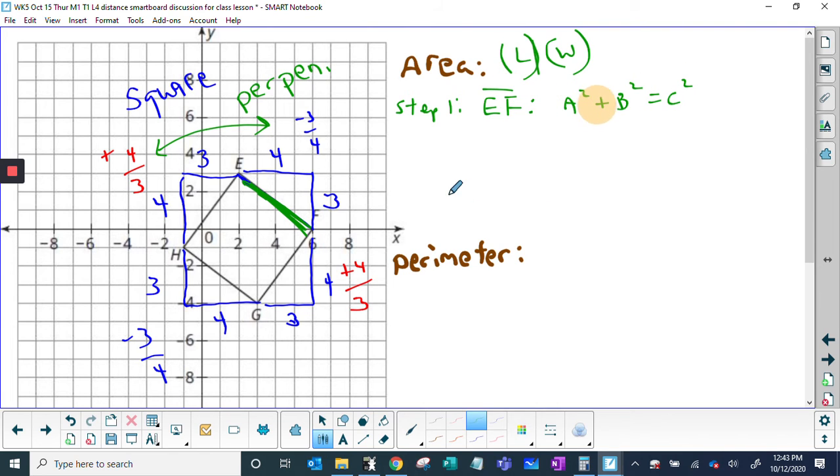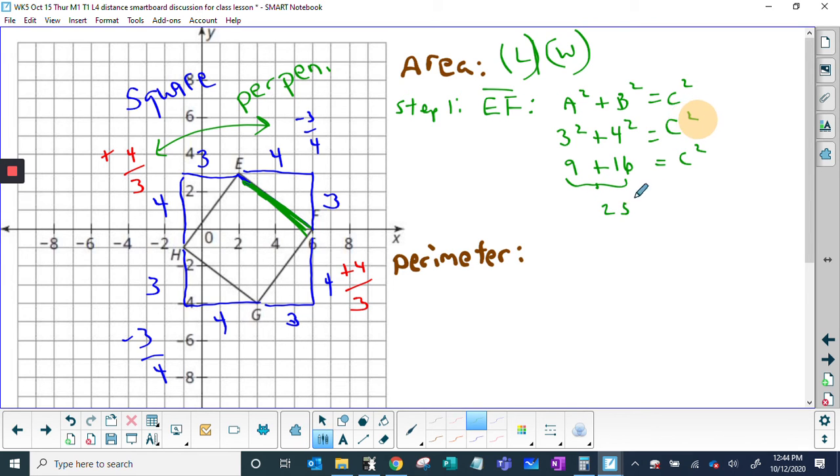All right, 3 squared plus 4 squared equals c squared. Oh, we can just do some math here. 3 times 3 is 9. 4 times 4 is 16. 9 plus 16 is 25, and that is equal to c squared.